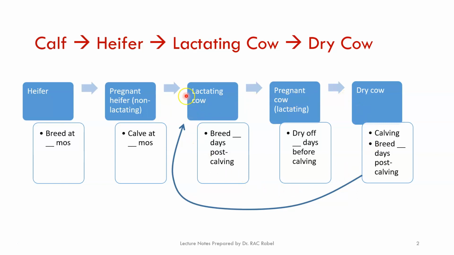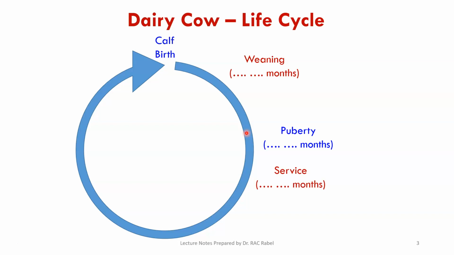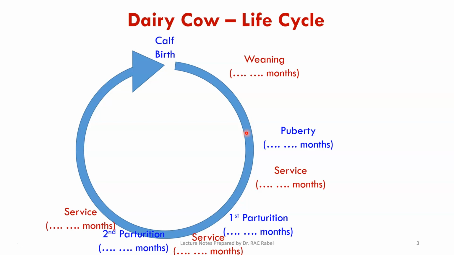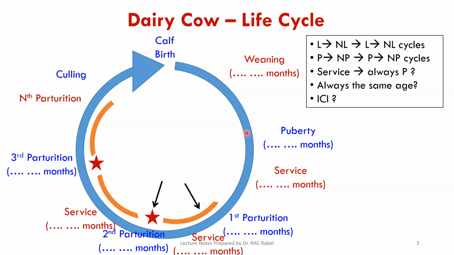So right now we are about here, and we'll be covering the rest of these topics during the next few lectures. You already know about the life cycle, the different time points, major landmark events, so I'm not going to spend time on this.